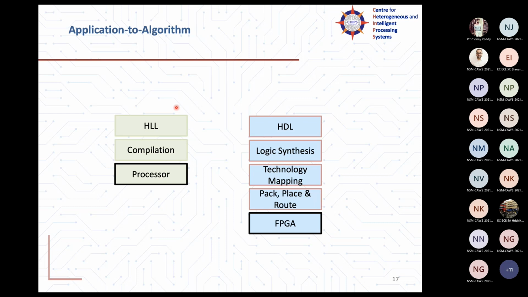So the process of going from an application to the device is very, very straightforward on a processor, which makes it user friendly, market friendly, all of that. And that is a very strong reason for seeing market success with processors.